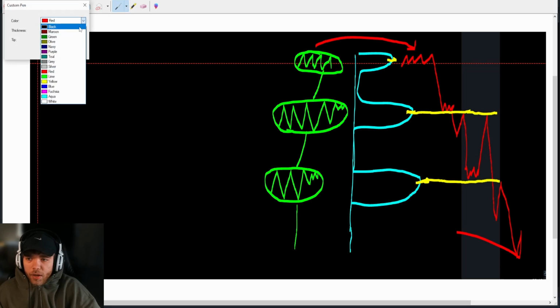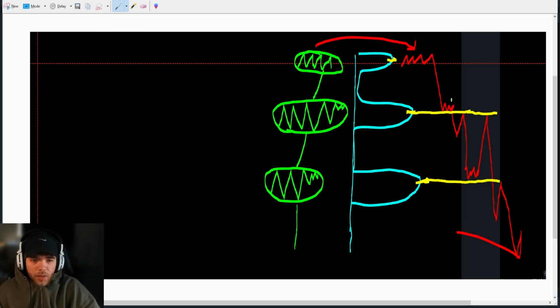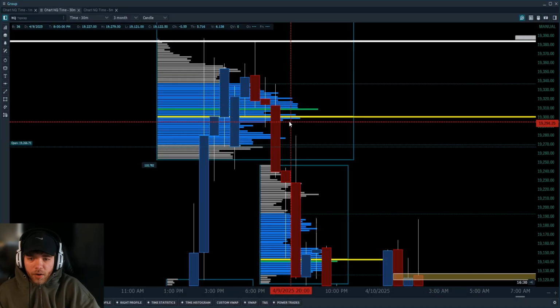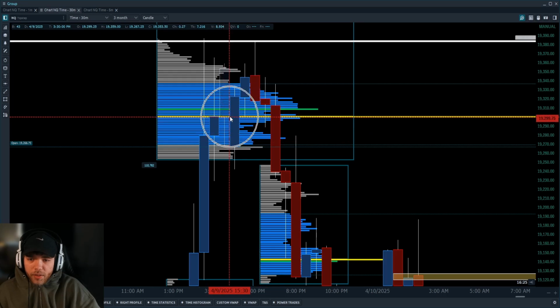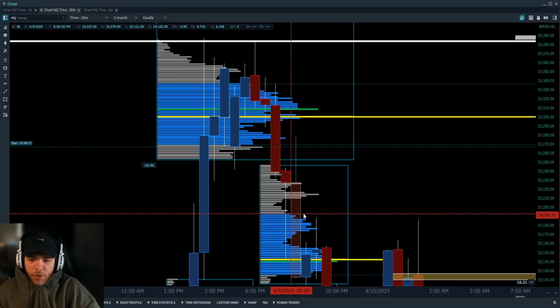For a healthy trend, instead of losing this point of control, you want to see the defense of that point of control and the move higher. But as you can see on our chart here, we lost this distribution, this area of balance, and then we went into price discovery.